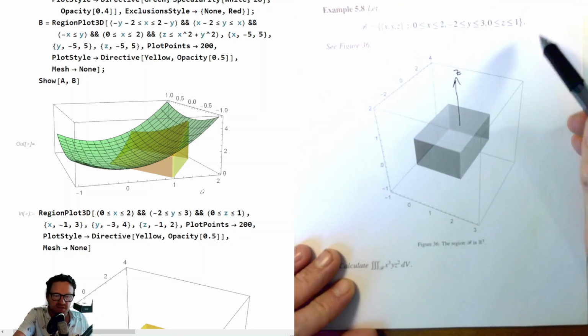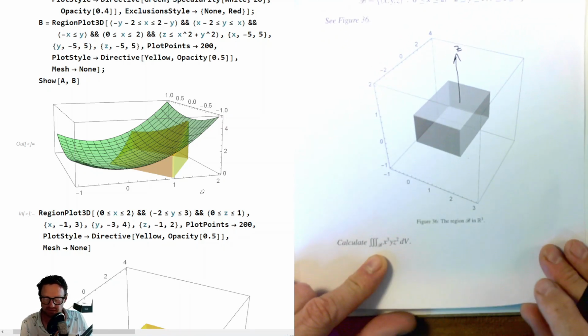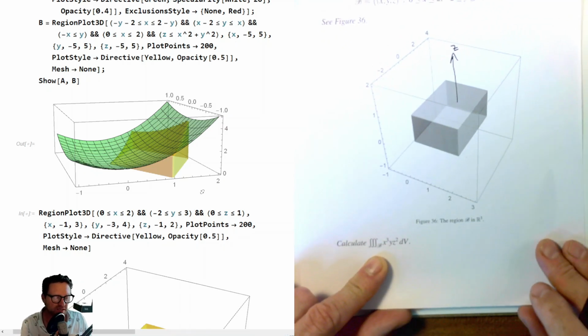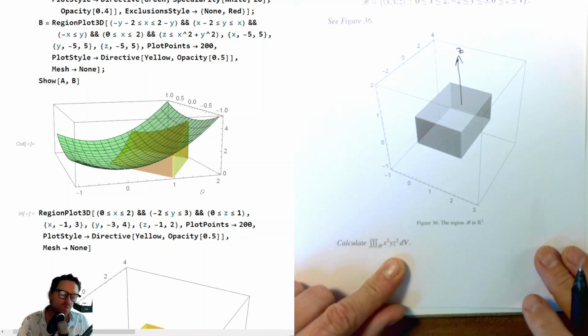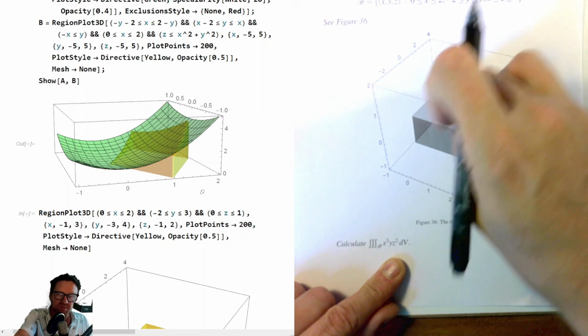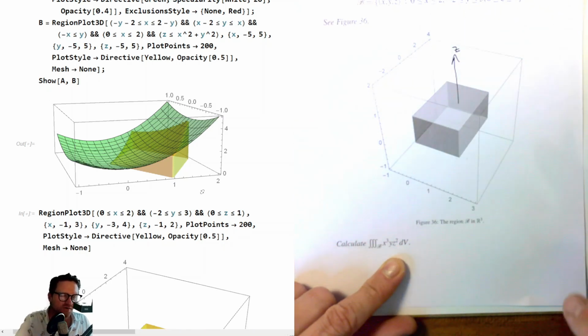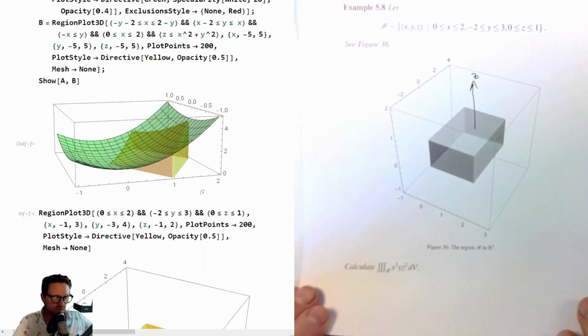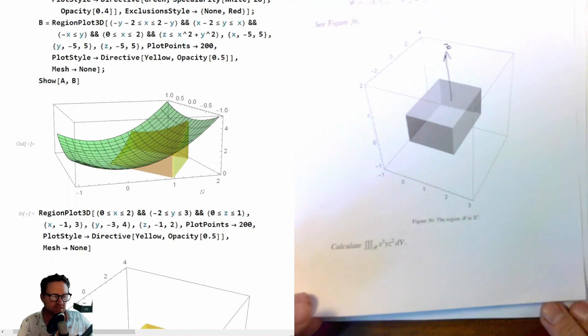So we'll just rely on this, okay? So this says calculate the triple integral over the region B of x cubed y z squared. So this is our region B shown there, but then we've got to calculate this integral within that region. And so a volume interpretation is not quite accurate, you see.